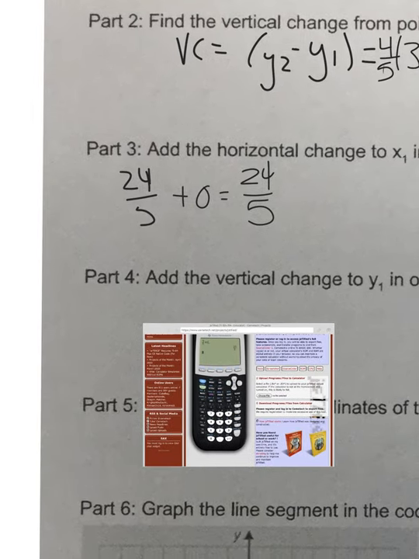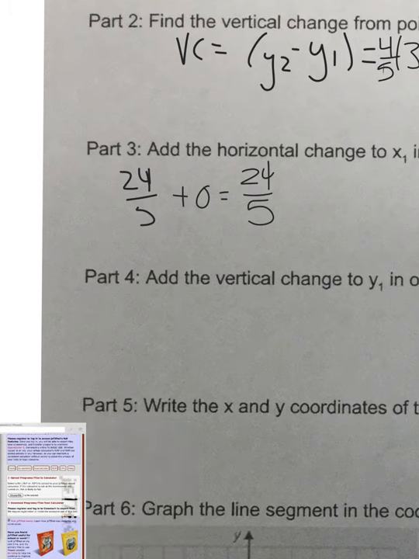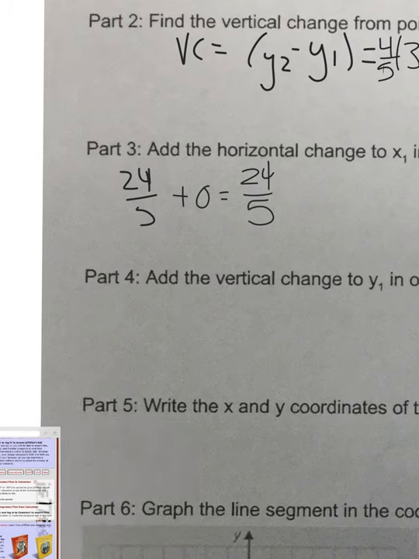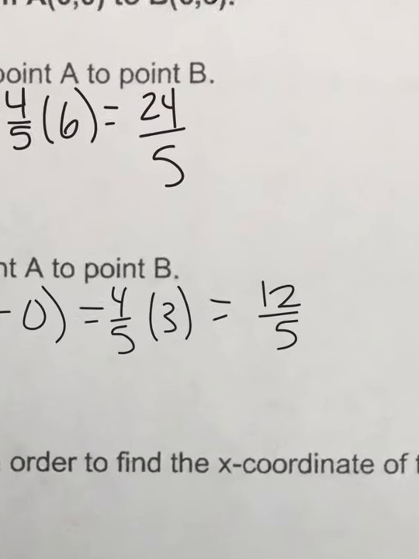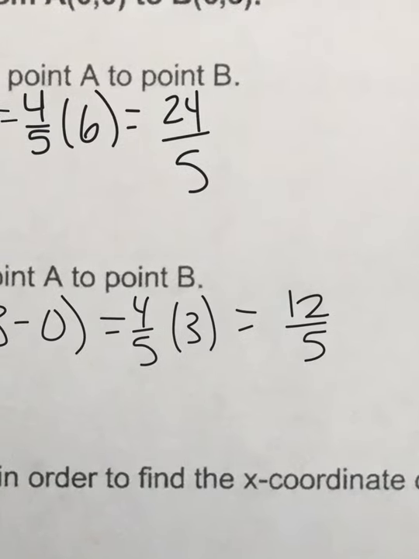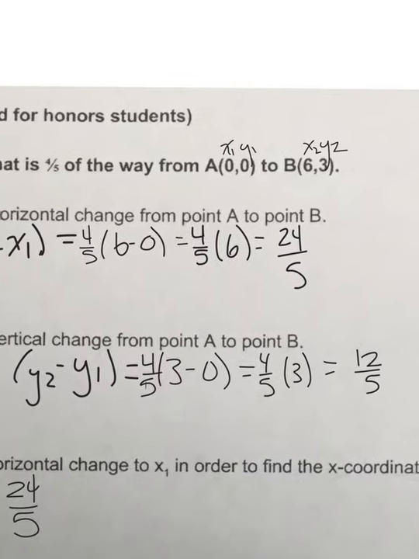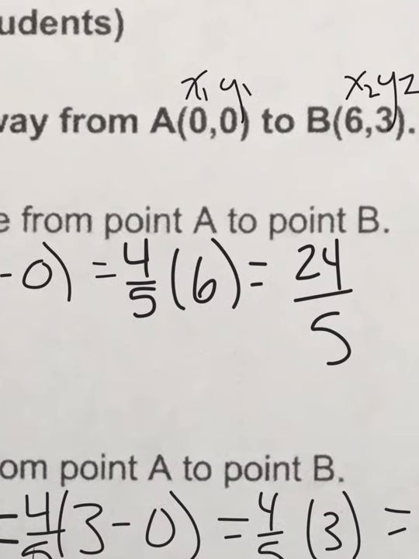Now I'm going to add the vertical change. 4 over 5, multiply 4 times 3, right? How did you get 24 over 5? 6 times 4 is 24. Yep.